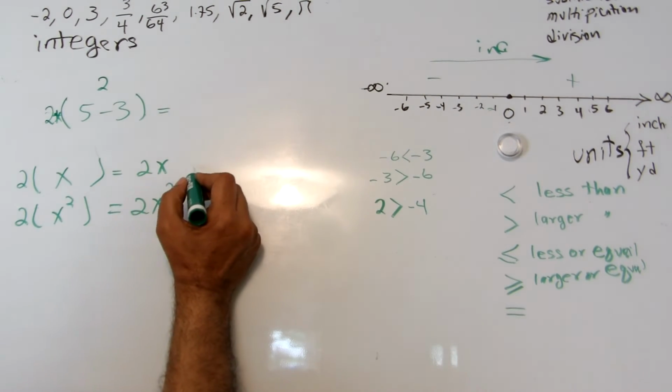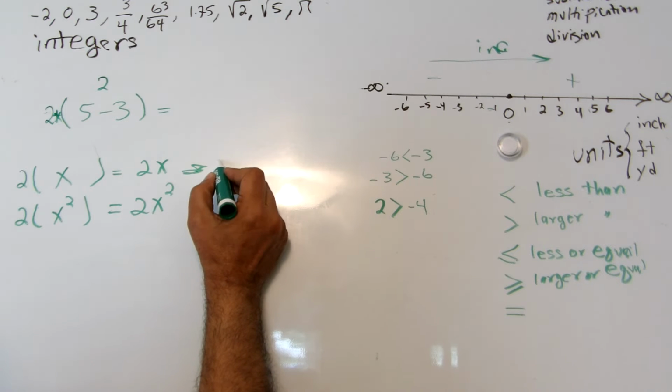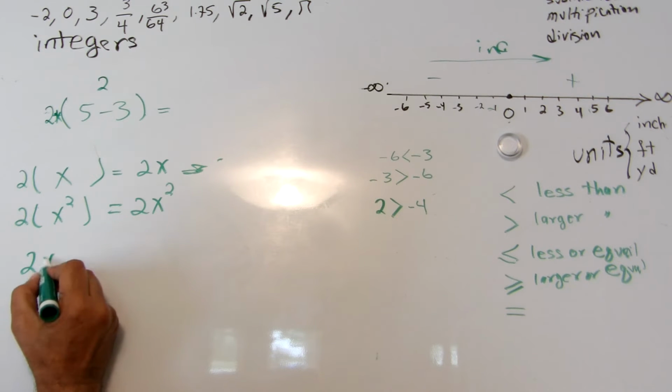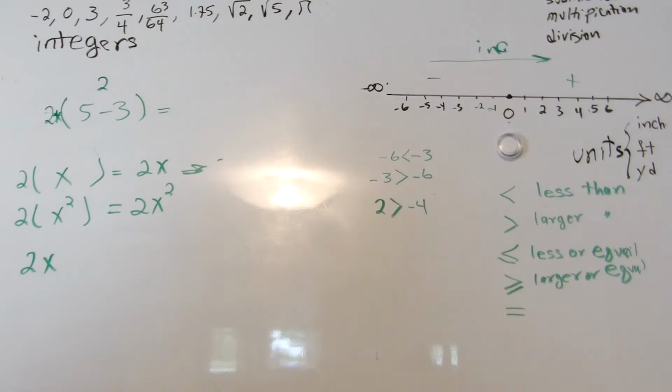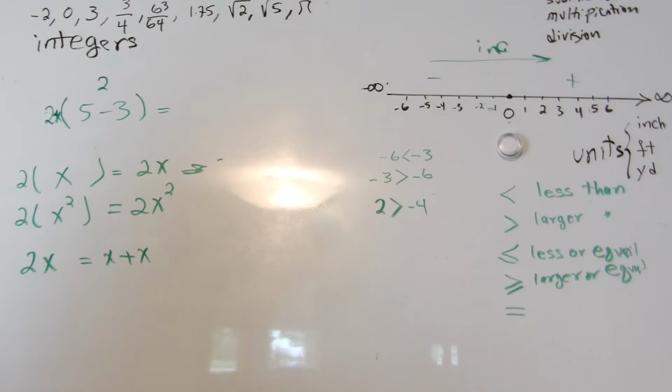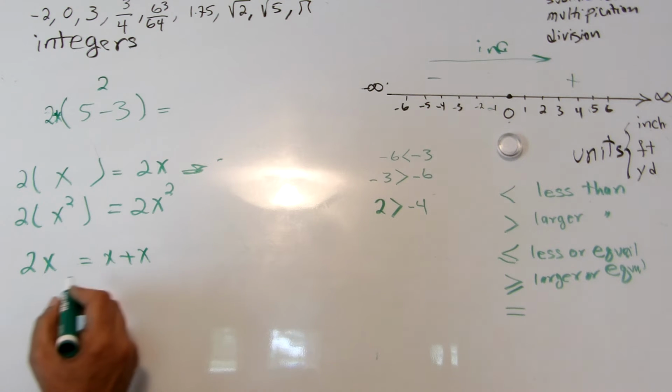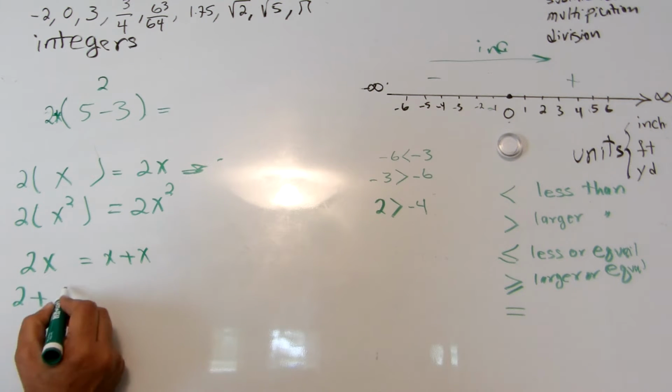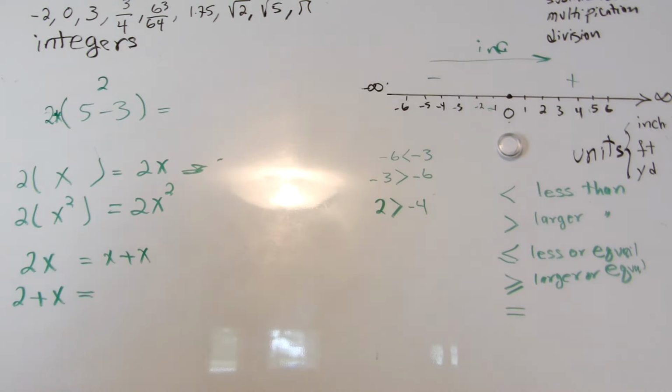This is different from, you see that 2x means we have x plus x, which is 2x. And then we have 2 plus x.